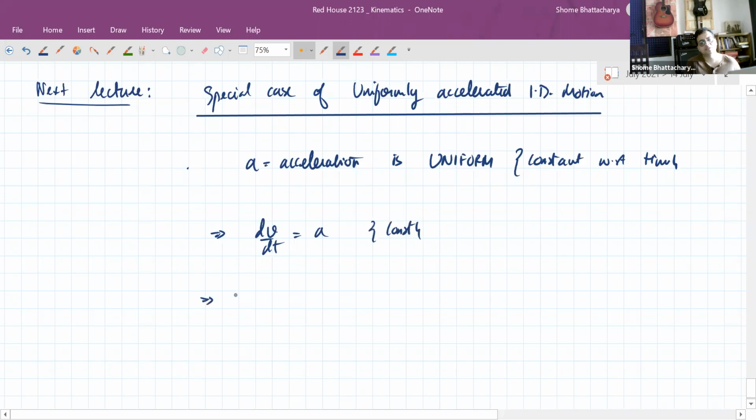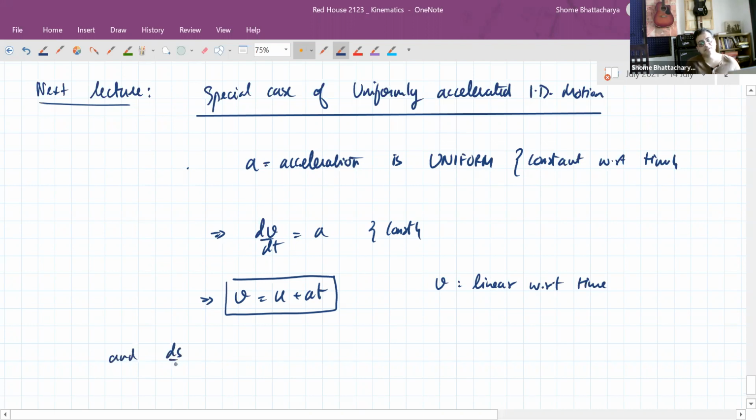So that means v must be a linear function of time. And ds by dt is linear. That means s must be a quadratic function of time.